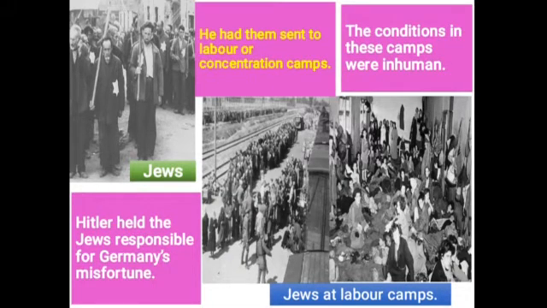They were not given food, they were not given water, and these people were killed by Nazi Germany using different types of poisonous gas and various new techniques.